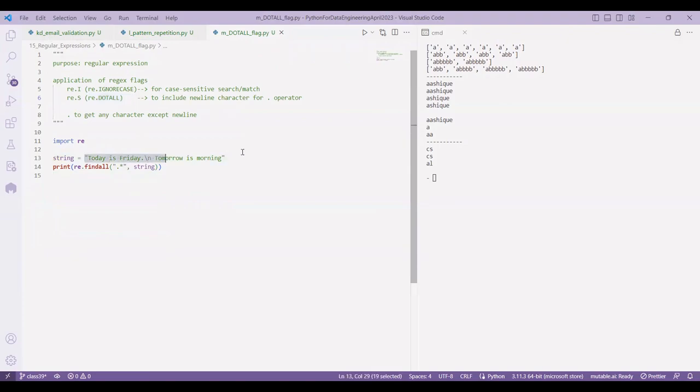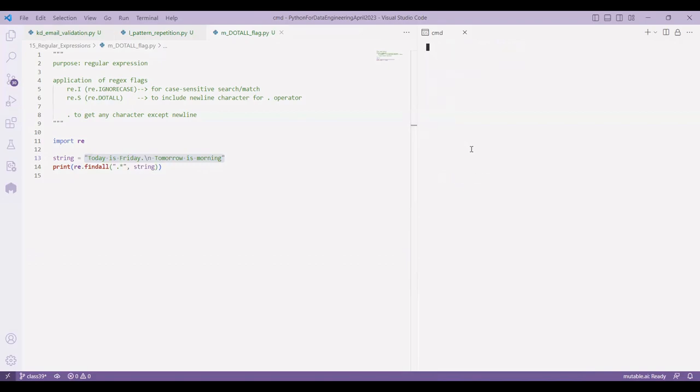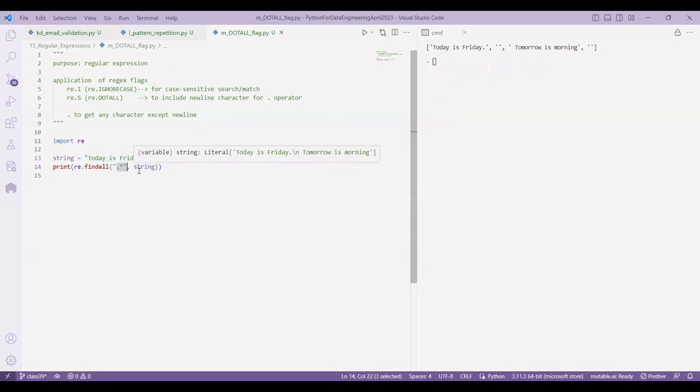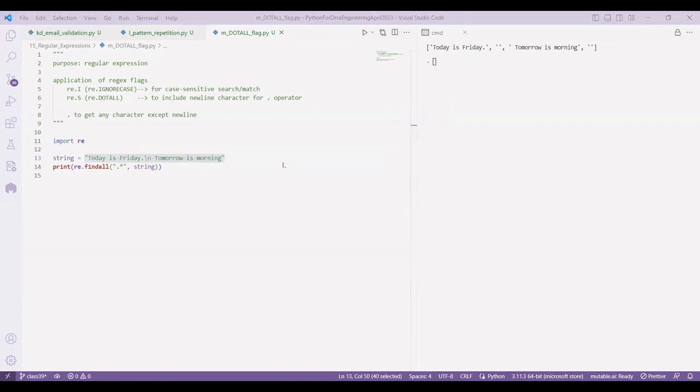If we have one string and ask to find all, generally it will not go beyond one line. If I use dot star, meaning any previous character any number of times, the greediest part, it didn't give the entire text in a single line, because each line is treated as a separate thing. At the same time, findall will give all such occurrences.